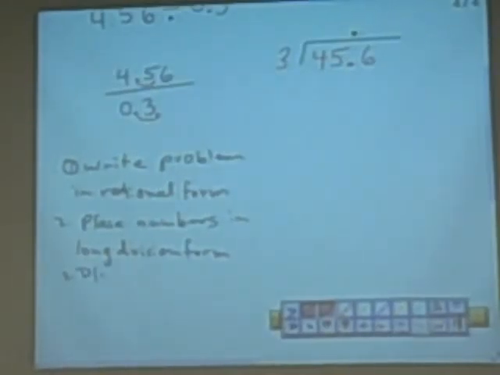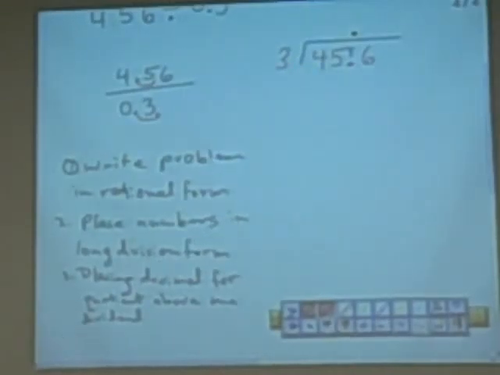Placing decimal for our quotient above the decimal point for our dividend. Okay, and with division of decimals, that's usually where students run into problems, right here.